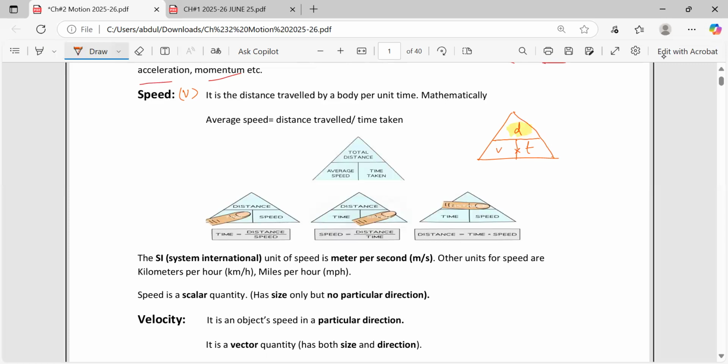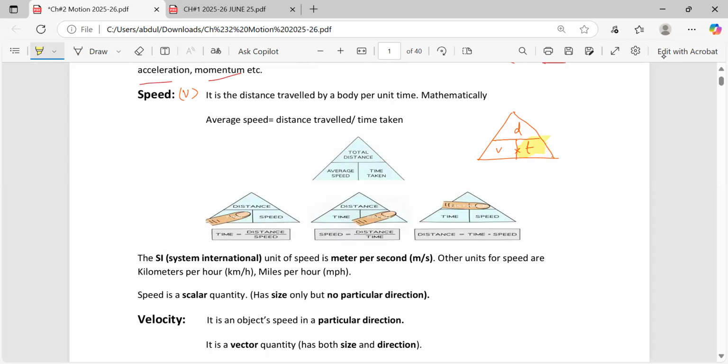Similarly, if you want to find time, hide T, what is left behind? D over V. So just put your finger or thumb like you can see in the diagram, and you can find the other quantity. So average speed we can calculate by distance traveled over time taken.